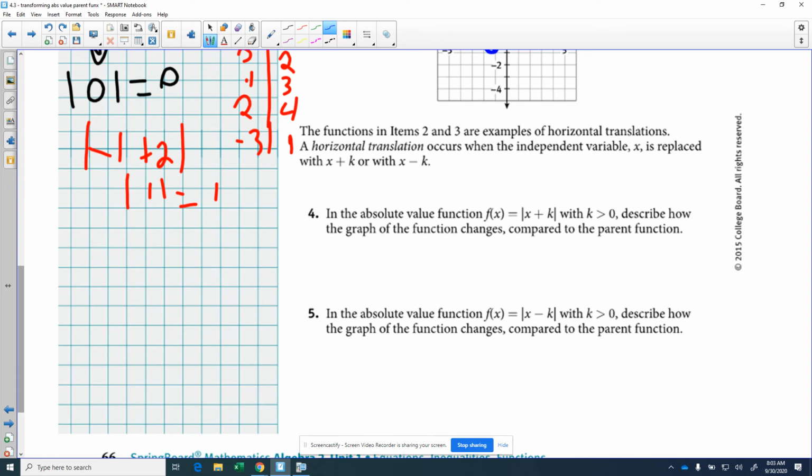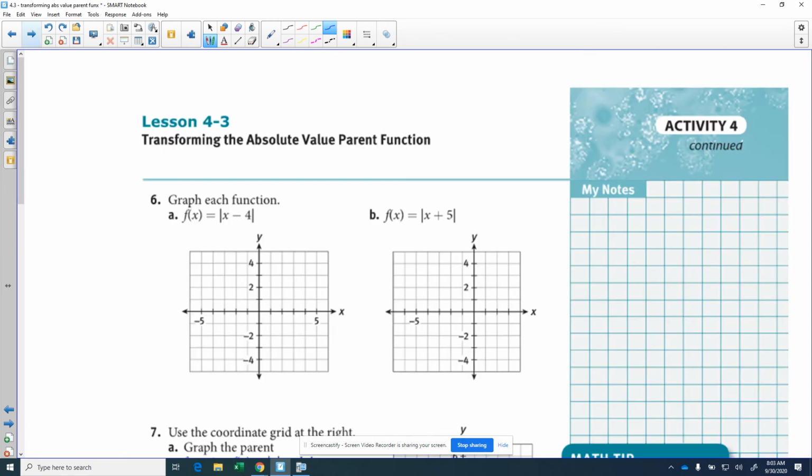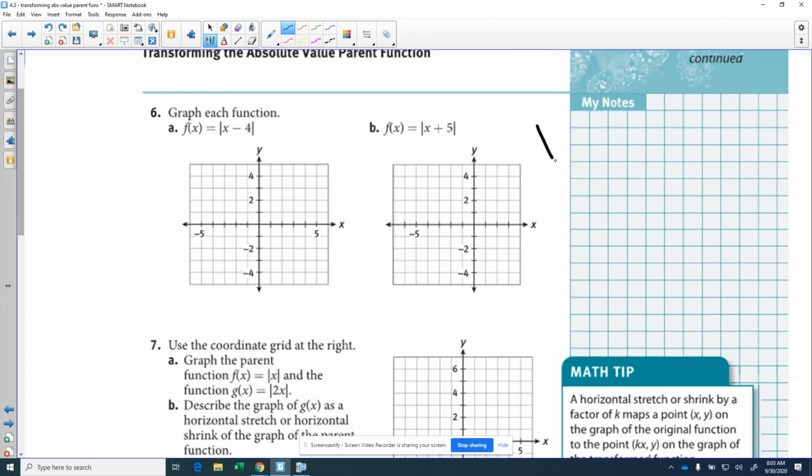So what we have right now is a simple equation detailing out 2 different facts. I'm just going to write this out so you have this. We have y equals the absolute value of x, let's say minus b, and on the outside, we have a plus c. Those are the 2 different operations we could do.